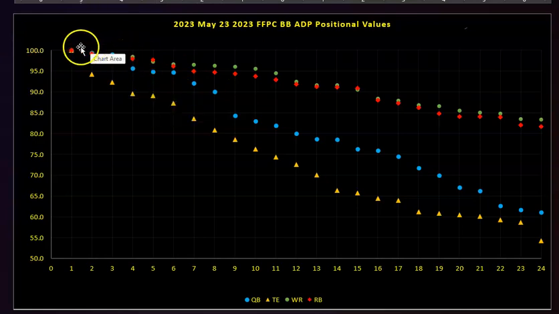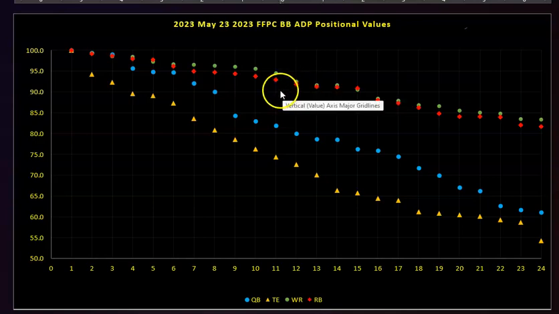And look at the decay value of running backs and wide receivers, 13. So almost the end, to me, it looks like it's about 11.